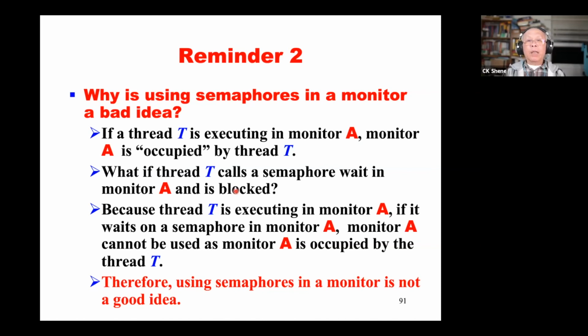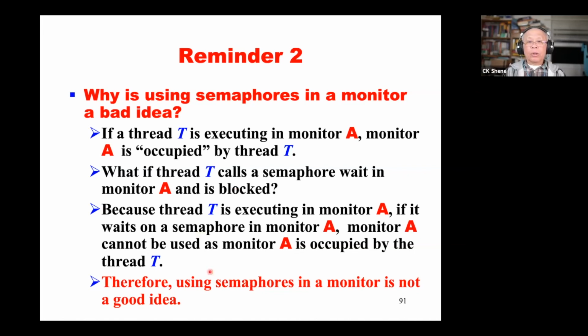Now, if T is blocked in monitor A, T's baton is never released. So until T is signaled by a semaphore signal, returns to the monitor, and eventually exits, T always has the baton. If T has the baton and waits on a semaphore wait, then nobody can enter the monitor.